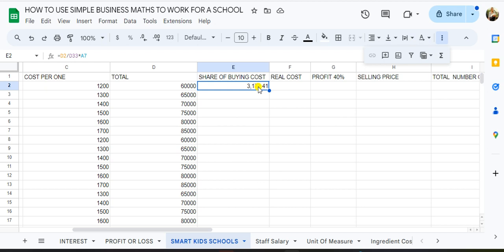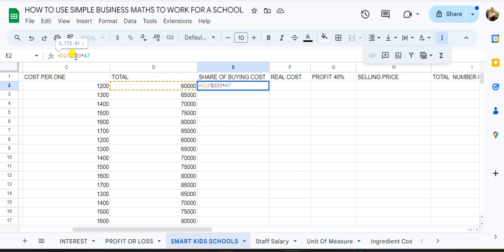So we are not going to do it one after the other. The only constant there is D2, which is the buying cost. For the product cost and share of buying cost, this is a standard formula. You just put a dollar sign at the back. You hold your shift key, depending on the type of laptop you are using. You can also use Google to get all these formulas.